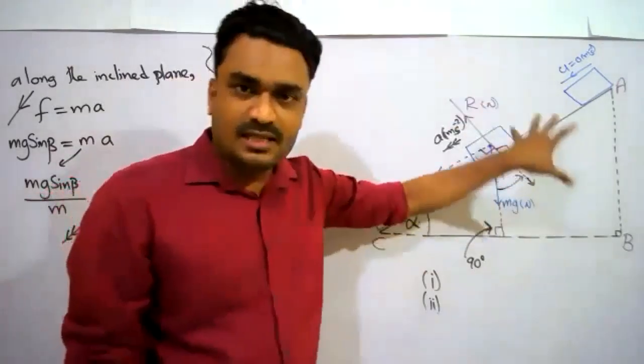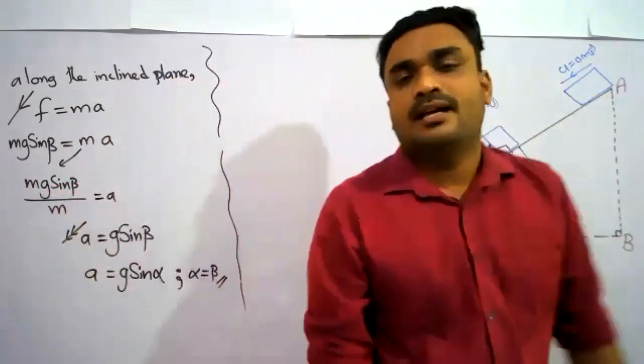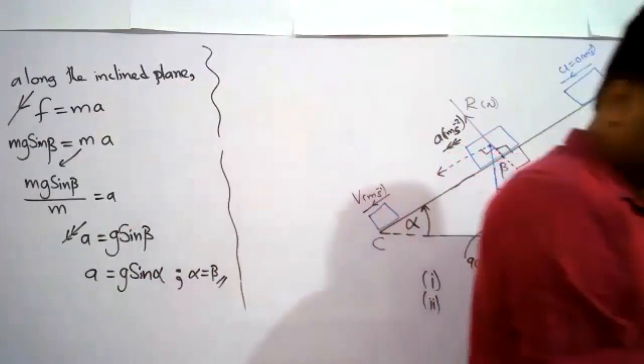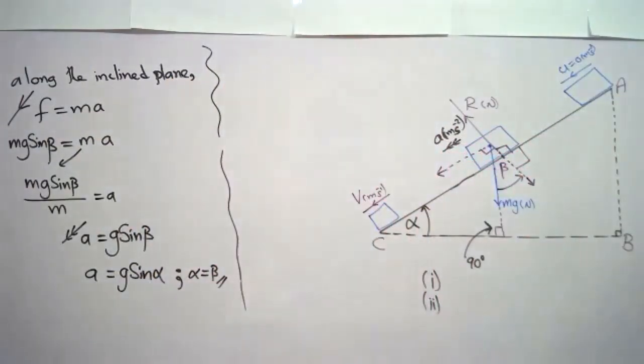Right, this is the figure, but can somebody unmute the mic and read the question from beginning to end? Example: an object starts to move at rest from the top of a smooth inclined plane as shown in the following figure.